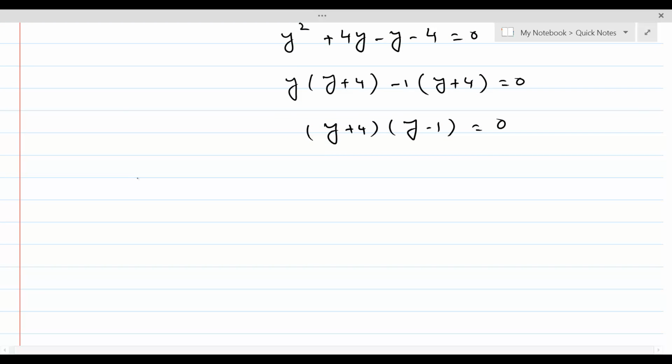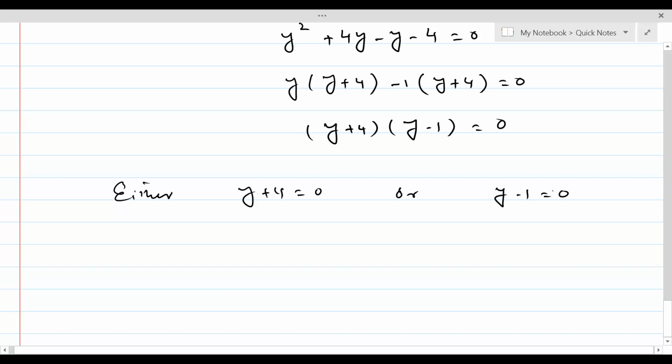So this gives us either y plus 4 equal to 0 or y minus 1 equal to 0. This means y is equal to minus 4 or y is equal to 1.